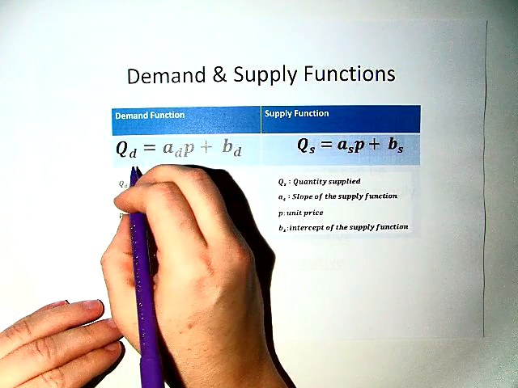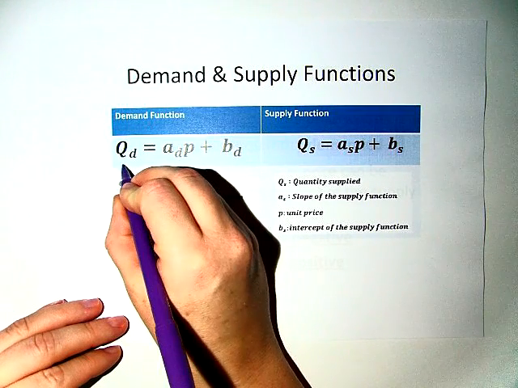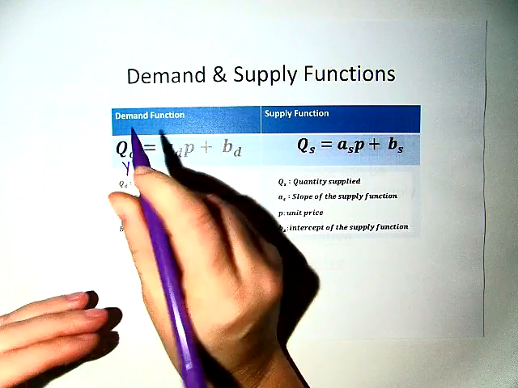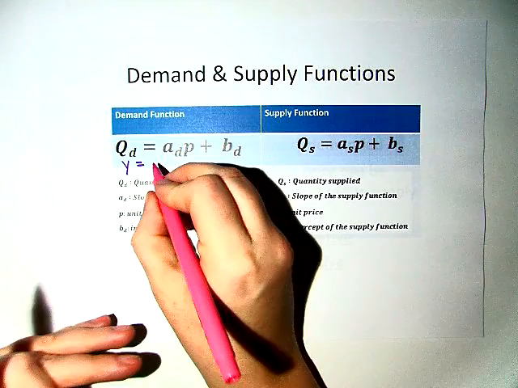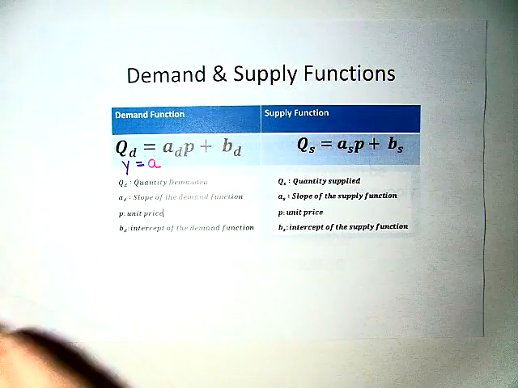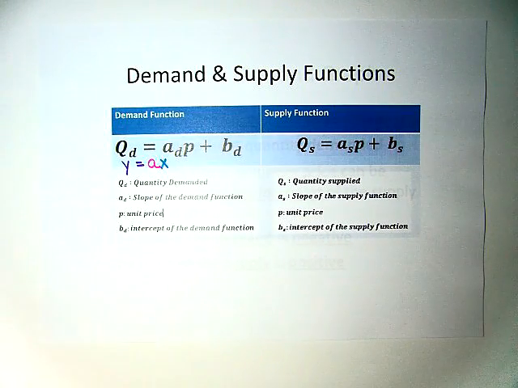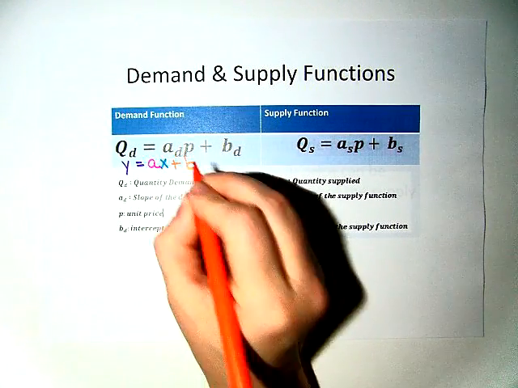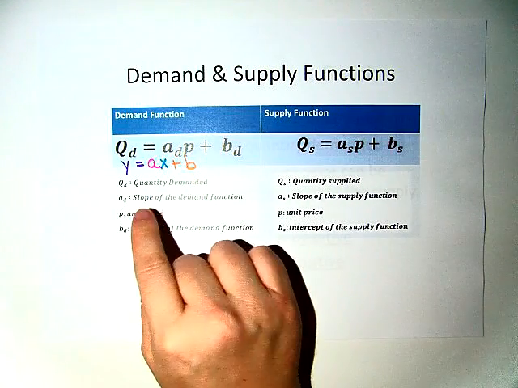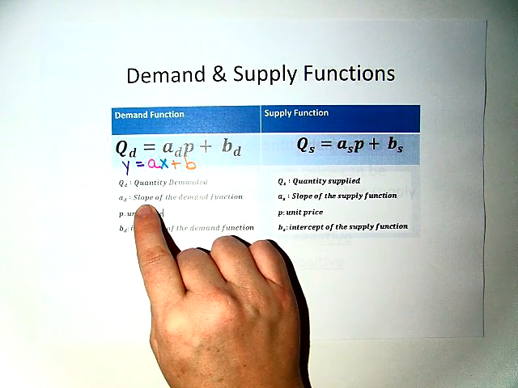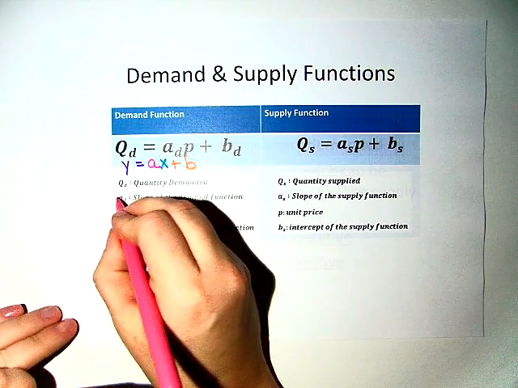If you look at the quantity demanded, this is the same form as y equals ax plus b. The only difference is that you get the slope of the demand function, that is our pink.